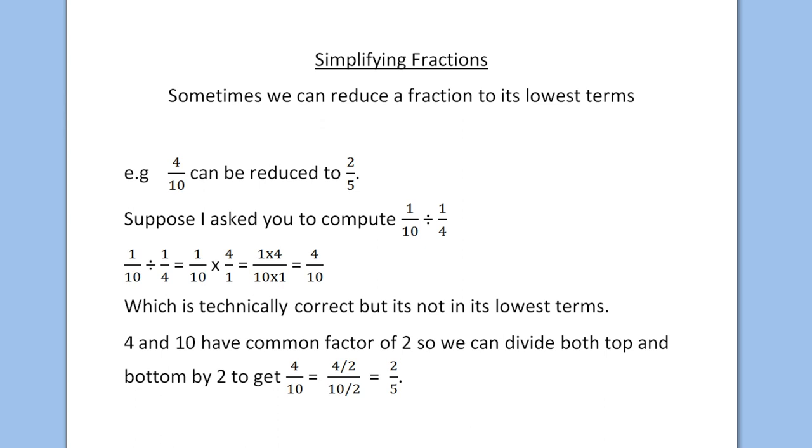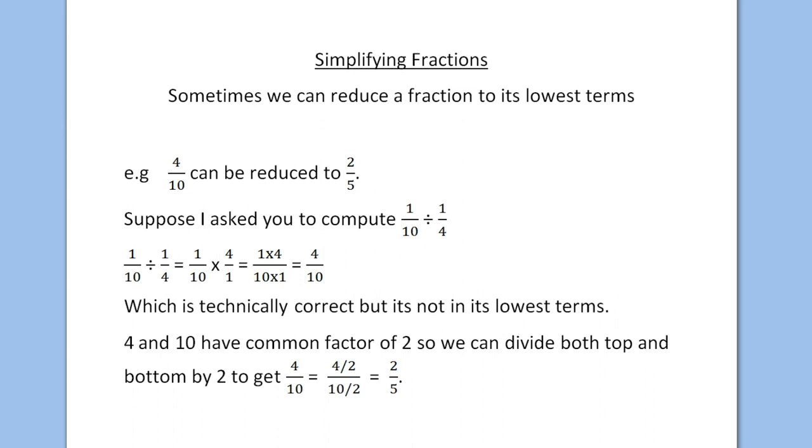Simplifying fractions. Sometimes we can reduce a fraction to its lowest terms. Example, 4 over 10 can be reduced to 2 over 5. Suppose I asked you to compute 1 over 10 divided by 1 over 4.